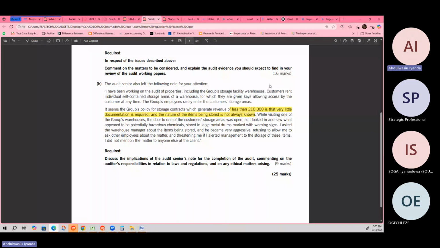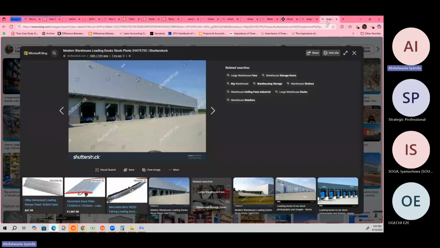Think of it from the bad implication. When you are reading an audit question, always be thinking in negative terms. You have a warehouse now. You are the owner of this big building. What this particular person stores, in his own words, you don't know. Please think now, what do you think is the implication of that?